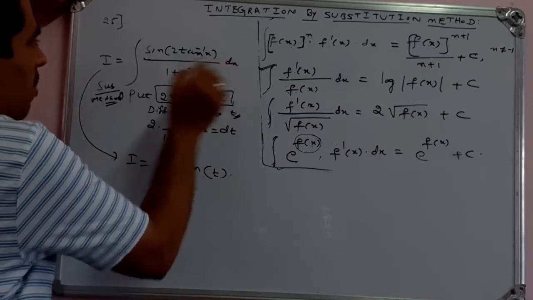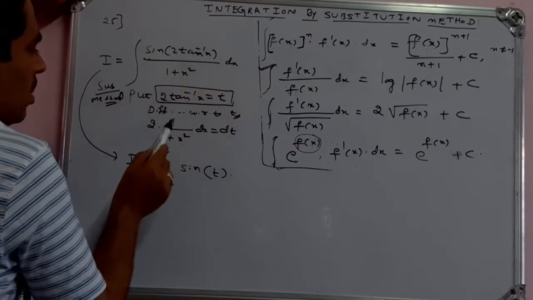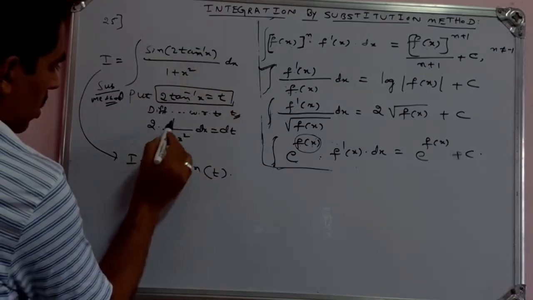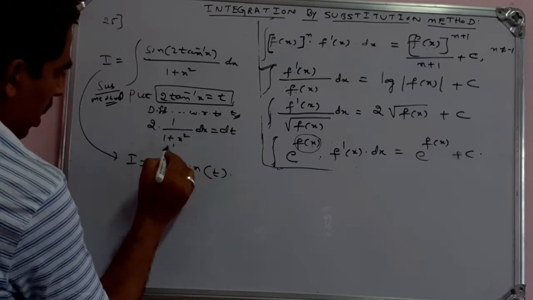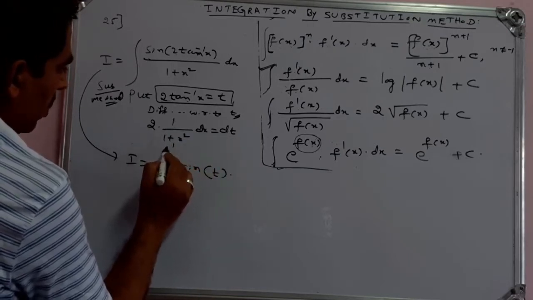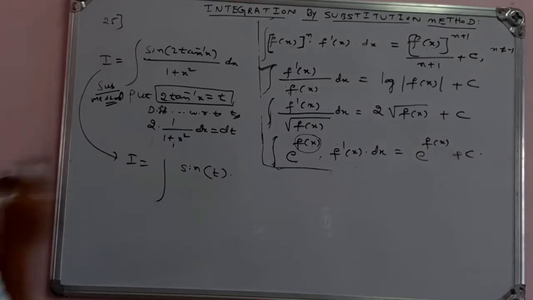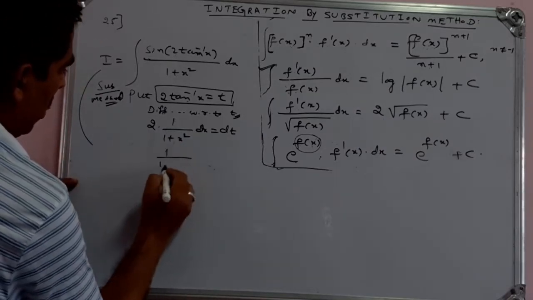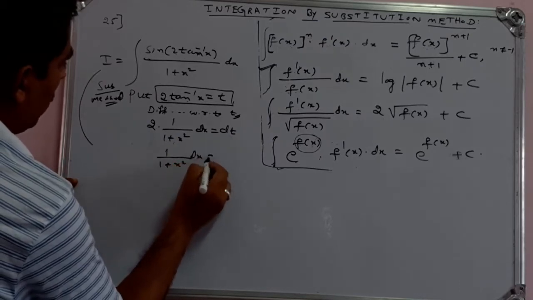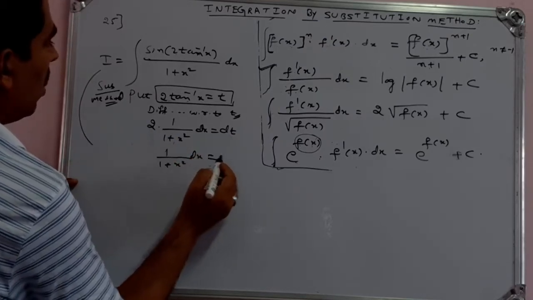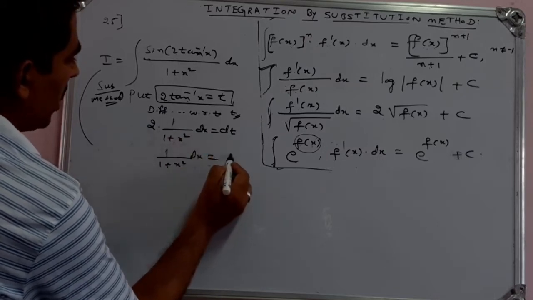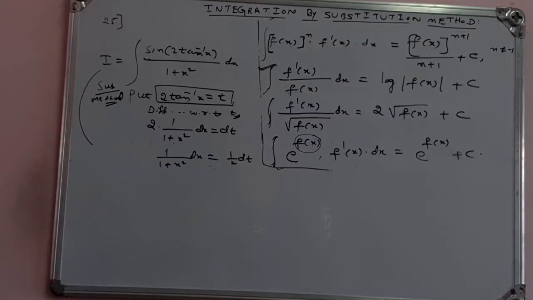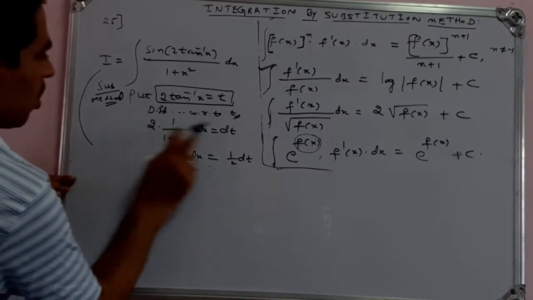Then the remaining thing is 1 by 1 plus x square into dx. 2 by 1 plus x square into dx is equal to dt, or this can be written as 1 by 1 plus x square into dx is equal to half dt. This 2 comes to the denominator.